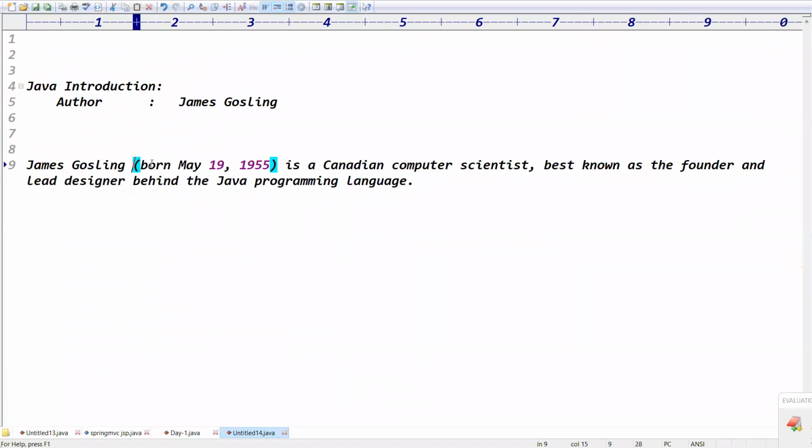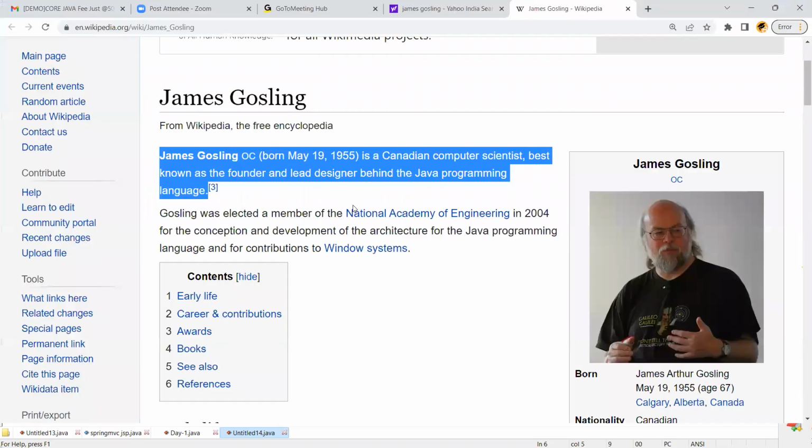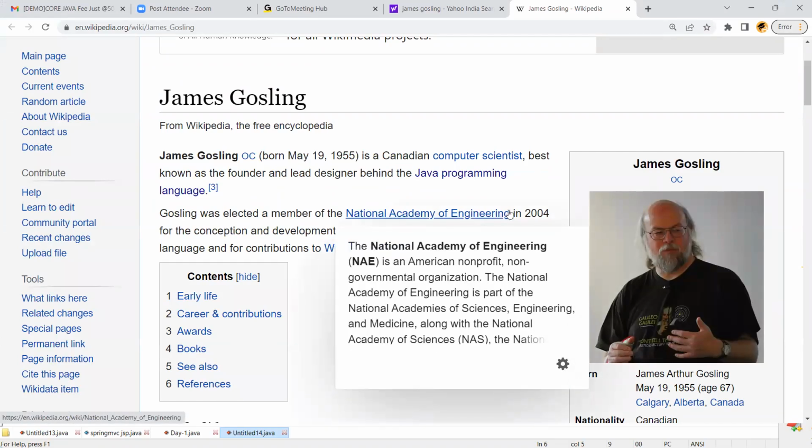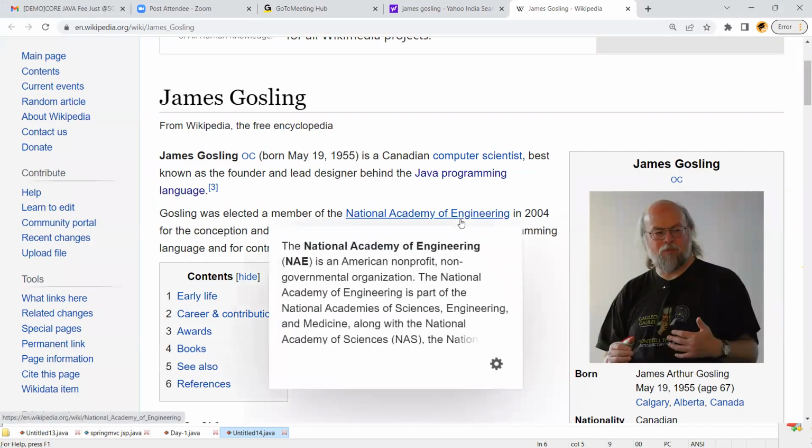You got the point, right? He is the creator of Java. At least you have to know some information about him. Yeah, he is important. And who is another person important for you? One is James Gosling. Gosling was elected a member of the National Academy of Engineering in 2004. NAE, National Academy of Engineering, right?